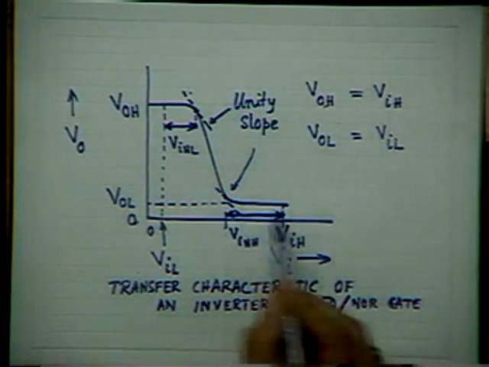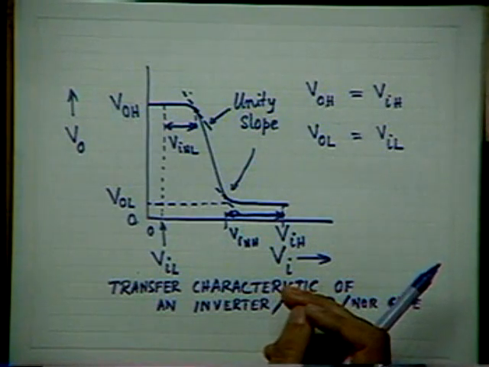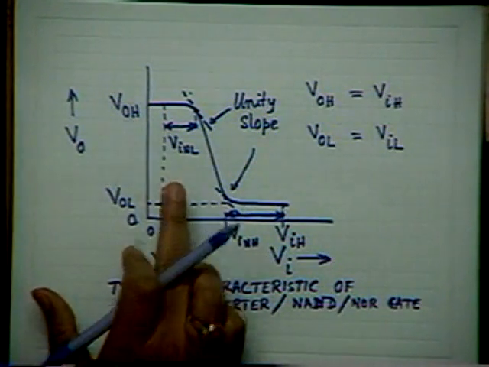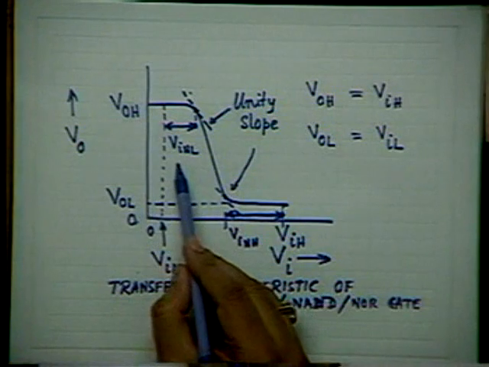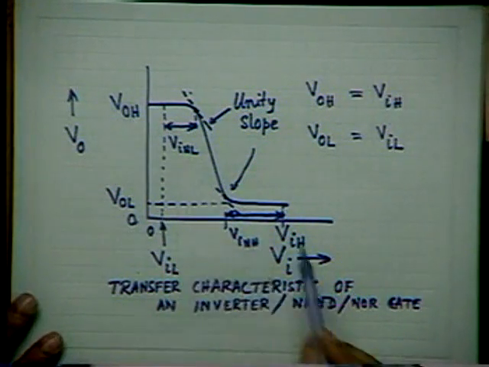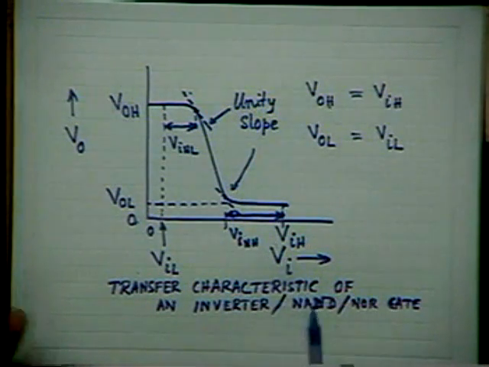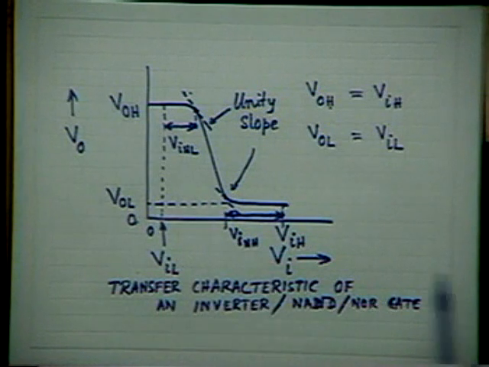These two are the two noise margins of the logic gate or the inverter. VINL in terms of input voltage is the noise margin in the input low state, and this is the noise margin in the input high state, VINL and VINH.